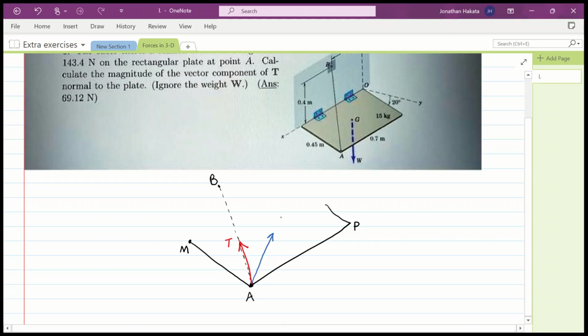I'll call this Tn, the component of the force T that is normal to the plate, and let's have another horizontal component, some T parallel, but we are not concerned about that. We are only concerned about the normal component.